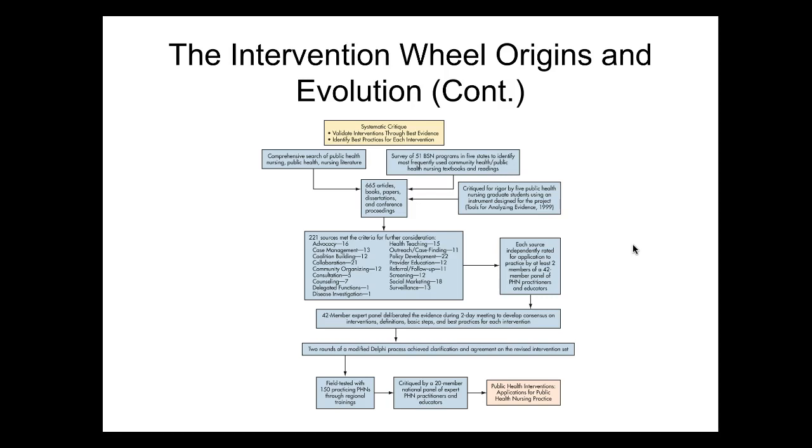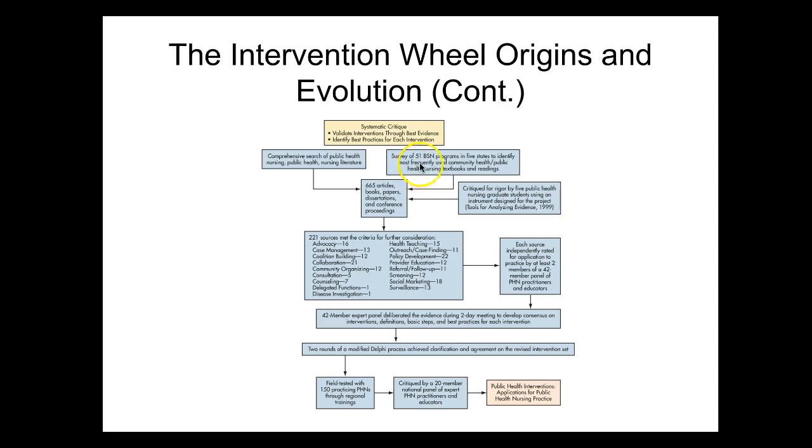So Minnesota's public health system went through and critiqued different interventions at the individual, community, and systems level to identify the best practice for each intervention. So we talked about those interventions, right? Like delegation, collaboration, community programming. So they did a comprehensive search of public health nursing literature.